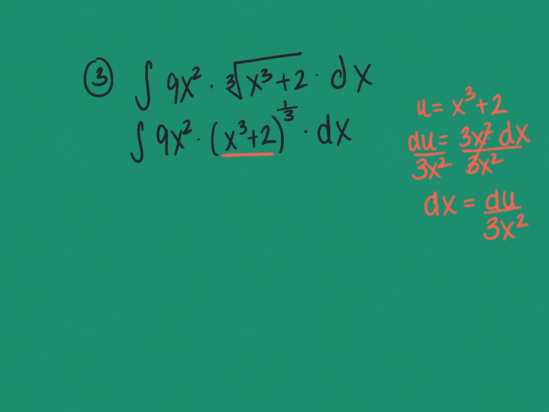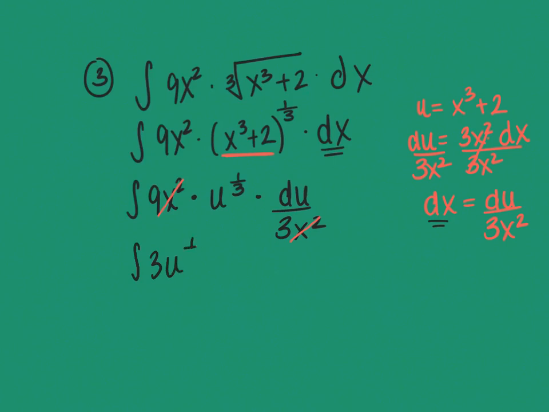And then we go back to our problem, and we have 9x squared times u to the 1/3, and then we're going to plug in dx, which is du over 3x squared. So what's nice is the x squareds cancel, and that 9 divided by 3 is 3. So we're going to integrate 3u to the 1/3 du.